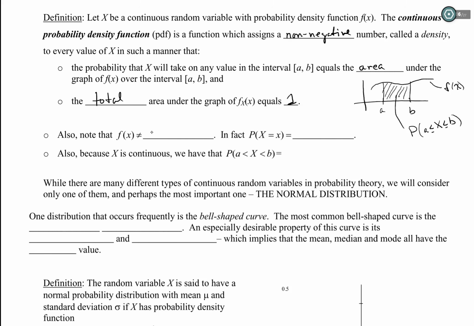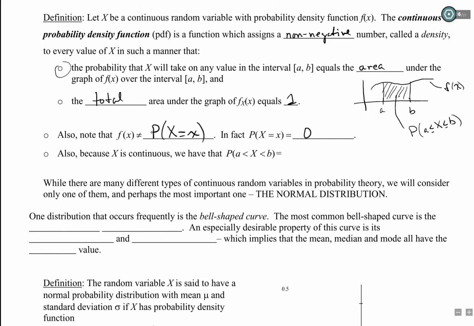Two more bullets here. First, note that the PDF is not equal to a point probability, that is, the probability that we see this particular value of x. Rather, following this first bullet, the probability that capital X equals little x is the area under the curve from x to x, or in other words, the area of a line.